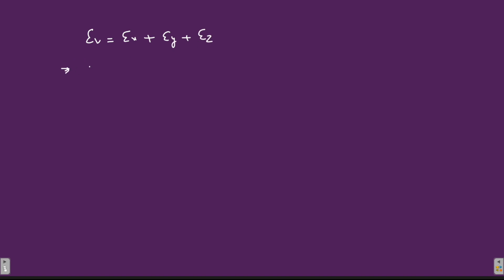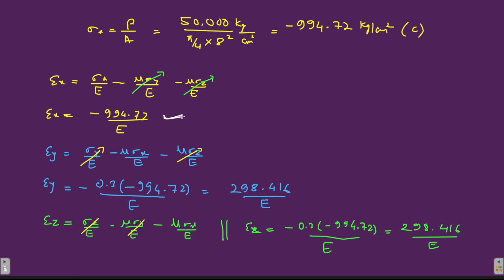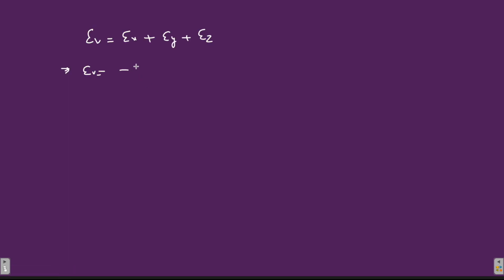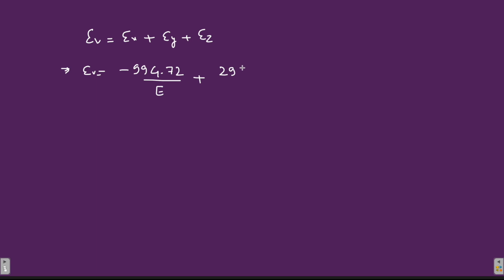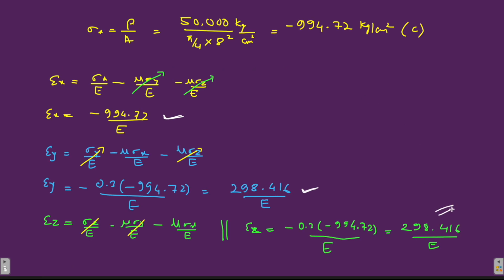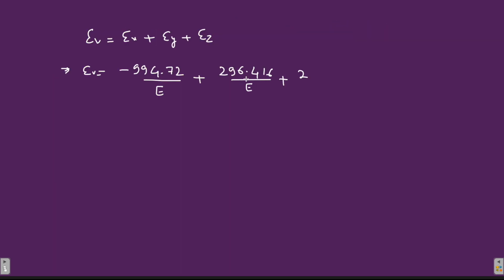So the strain in x direction is minus 994.72 by E, plus this value, 298.416 by E, and again the strain in z direction is the same thing, 298.416 by E. So let's calculate this.